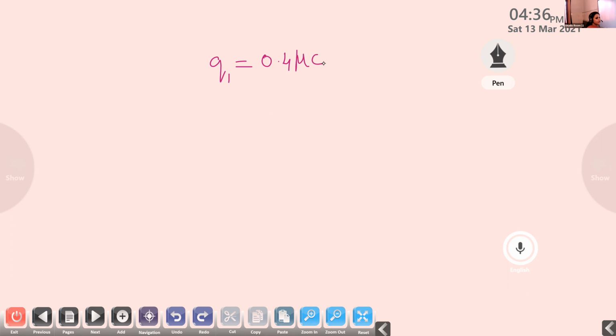How can we convert a microcoulomb to coulomb? By multiplying it with 10 raised to minus 6. So Q1, given as 0.4 microcoulomb, is equal to 0.4 into 10 raised to minus 6 coulomb.